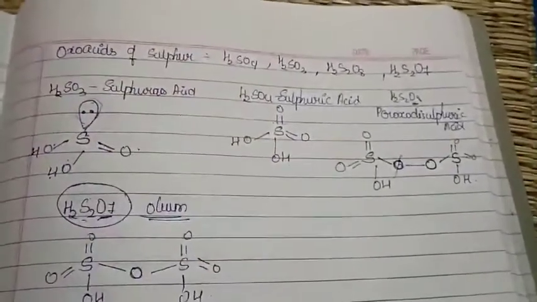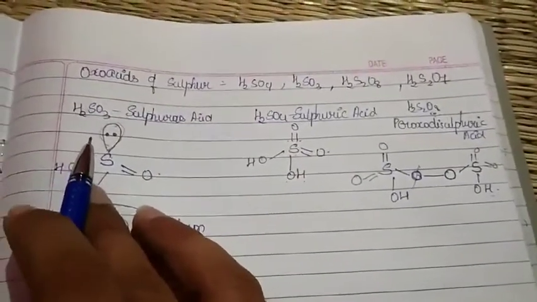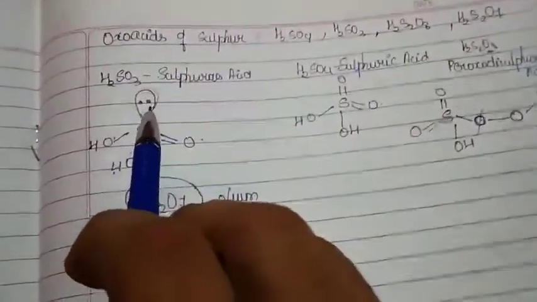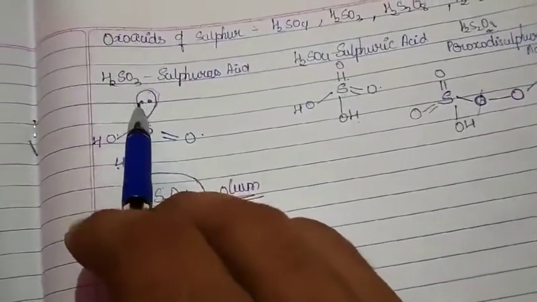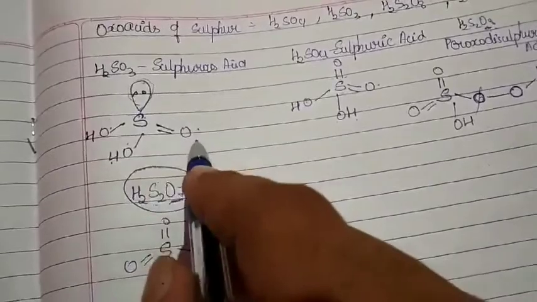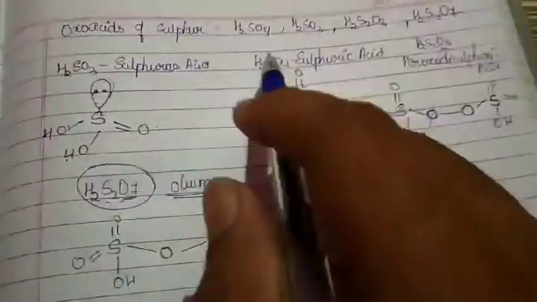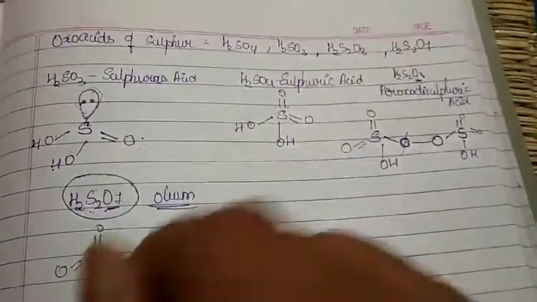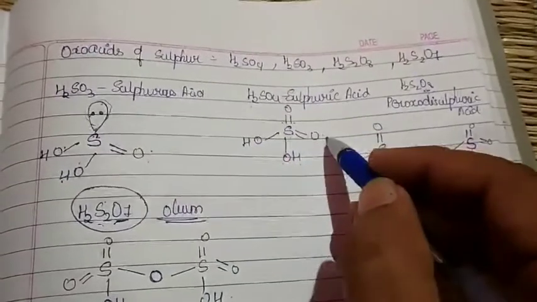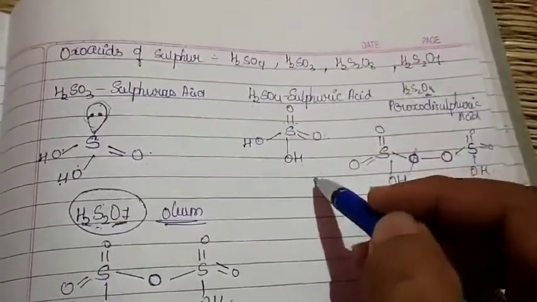Some important structures. First is sulfurous acid, where you will see that sulfur has one lone pair of electrons with a double bond O and two OH bonds. Whereas in sulfuric acid, you have two double bond O's and two OH bonds.